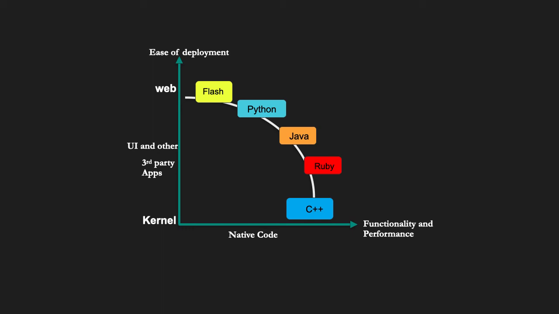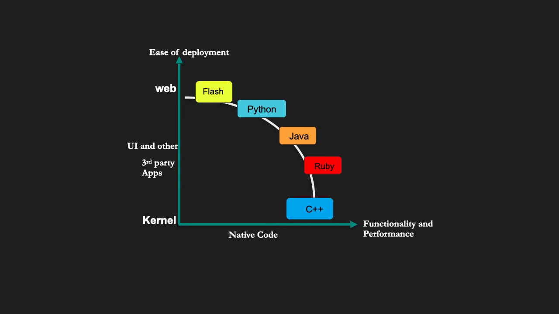And let's go along the y-axis. You can see here support for the UI and third-party applications. So you can see here the well-known programming languages like Ruby, Java, Python, and Flash, for example for third-party web applications. And Symbian supports these well-known programming languages for ease of deployment.